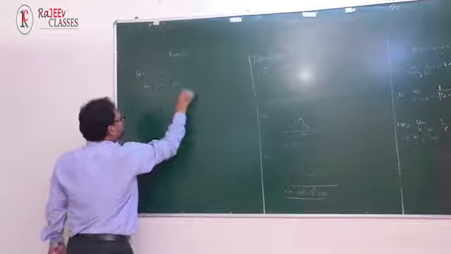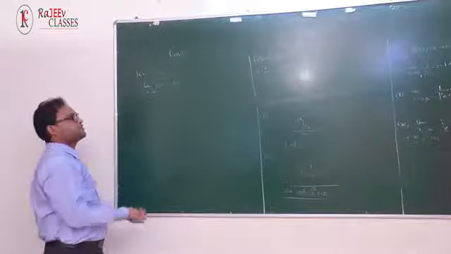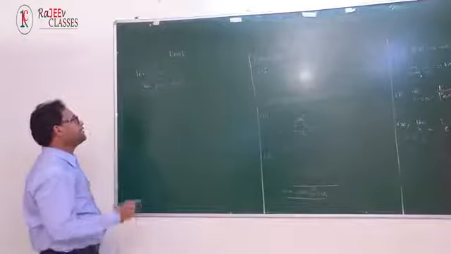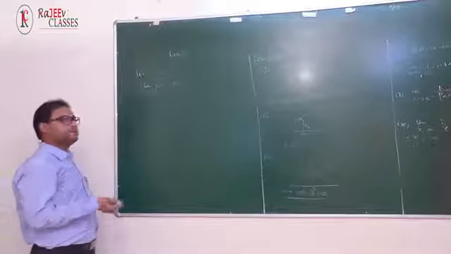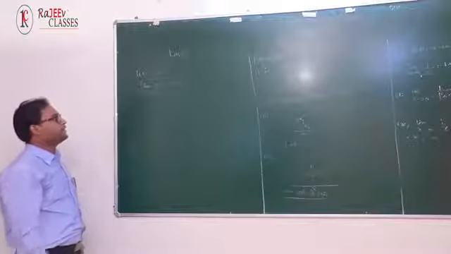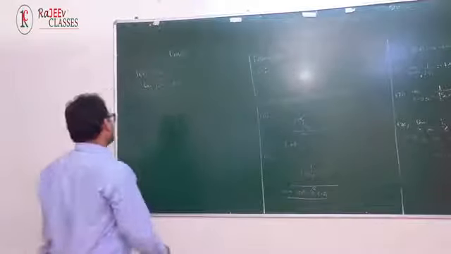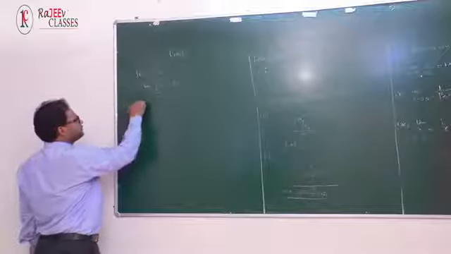Sometimes the limit value exists but the functional value f(a) does not exist, and sometimes the functional value exists but the function is not defined in the neighborhood, and if it is defined in the neighborhood of the point, then the left hand tendency and the right hand tendency are not equal.